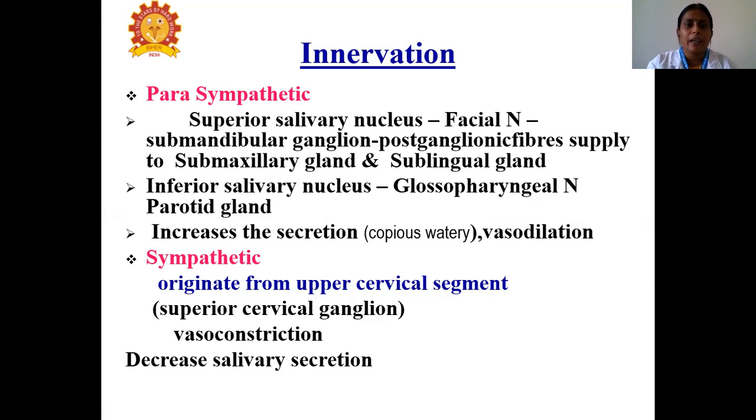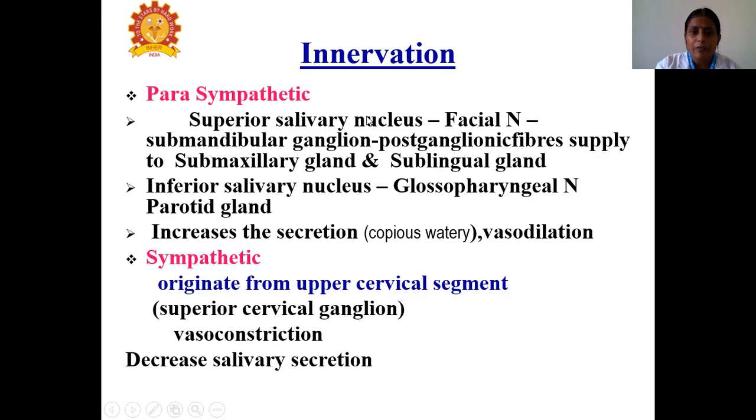Innervation of the salivary gland. It has autonomic innervation, both sympathetic and parasympathetic. First, parasympathetic innervation. The nerves to the submaxillary and sublingual glands arise from the superior salivary nucleus.